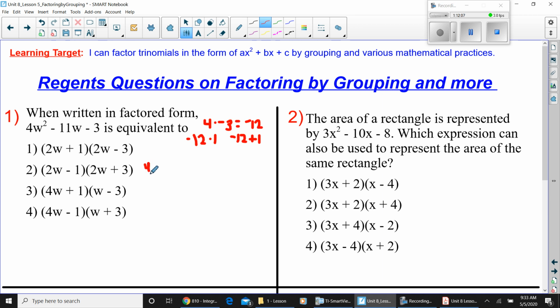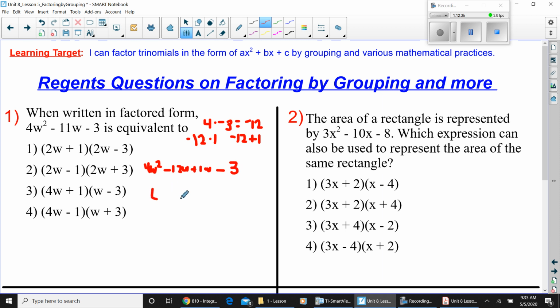So I'm going to put down my 4w squared, and I'm going to split it: minus 12w plus 1w, because negative 12w plus 1w equals negative 11w, and I'm going to bring down the minus 3.